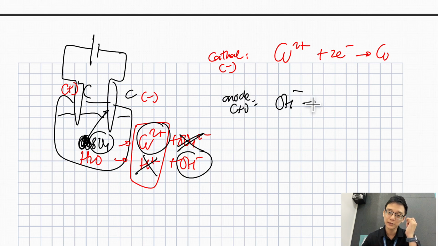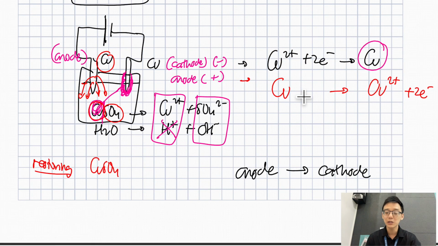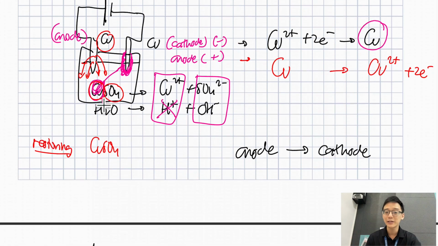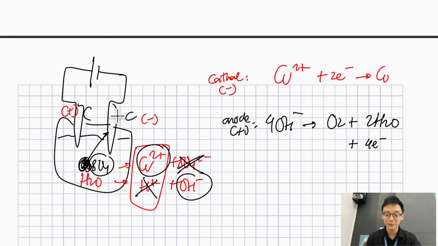OH- will turn into oxygen and water plus 4e. So this will be the overall reaction. Comparing it to the one with copper electrodes, it's kind of different. So now you know that if we use different electrodes, it would react differently compared with inert electrodes, such as carbon, graphite.